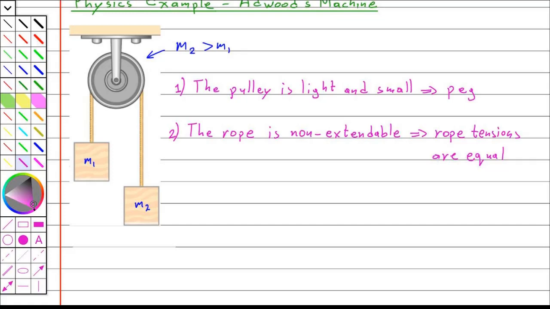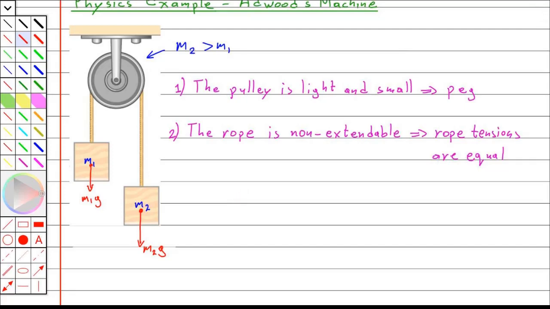So let's go right ahead. First of all, we need to place the weights of the two masses: M2G in this case, and the other one is M1G. Let's not use the W symbol for the weight because we would be confused with the work symbol.